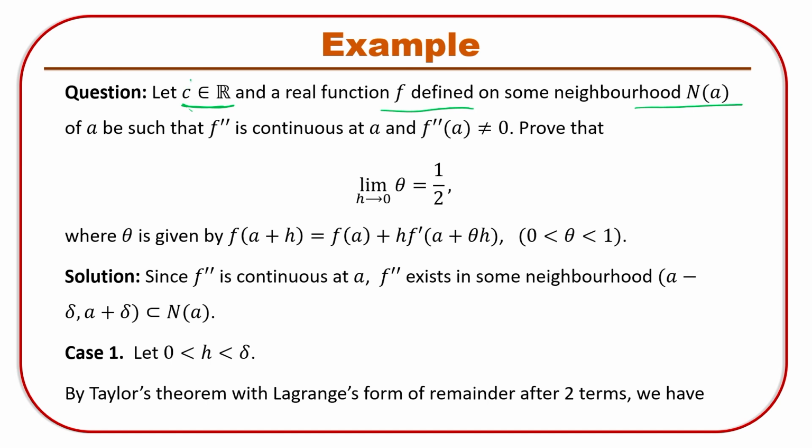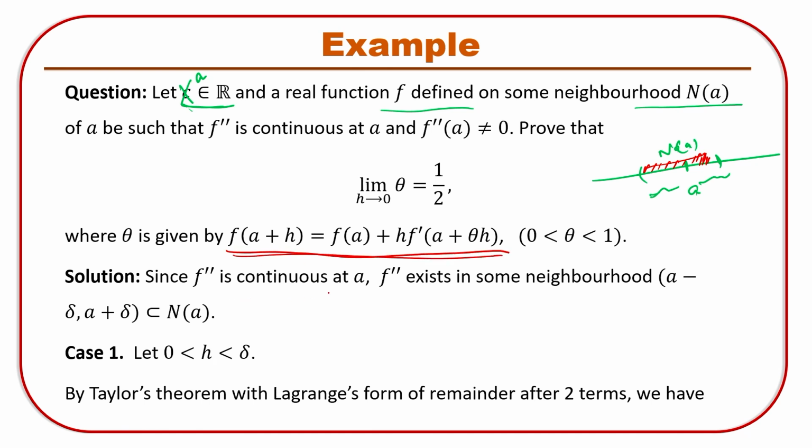So this is not C, but A. This is the value and its neighborhood. Then prove that the limit as h tends to 0 of theta equals 1 by 2, where theta is given like this.